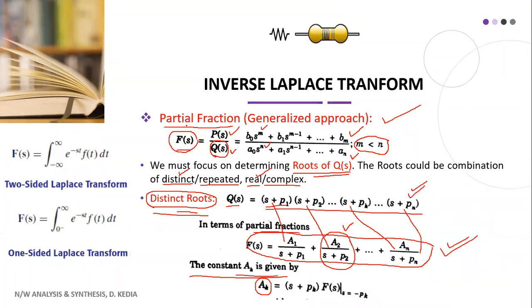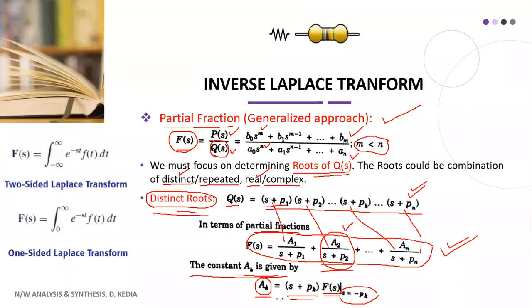we multiply F(s) with (s plus p2). Here, to find Ak, we multiply F(s) with (s plus pk). After multiplying, we substitute the value of that root. The value of this root is minus p2, or in general minus pk.